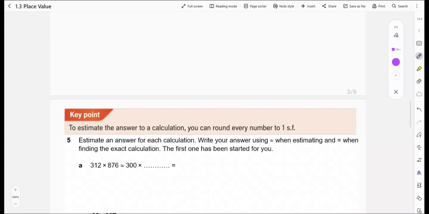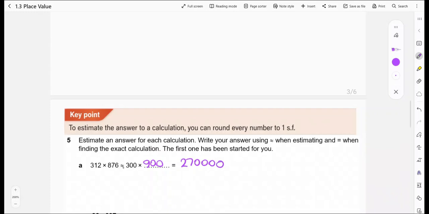We're not going to look for the exact answer, we're going to estimate it by rounding each number to one significant figure. 312 will round to 300. 876, well the 7 is 5 or more, so that rounds up to 900. So our estimation becomes 300 times 900, which is 270,000.